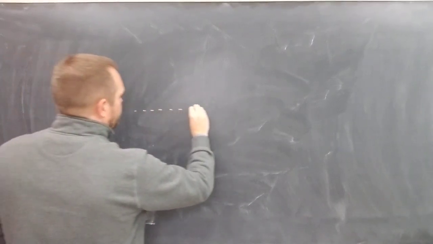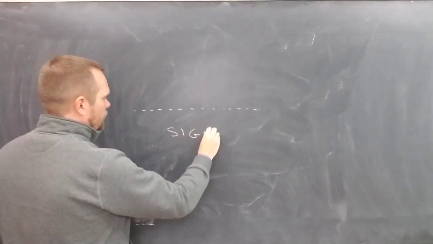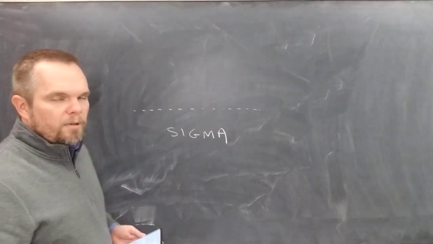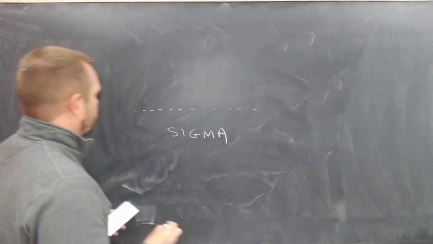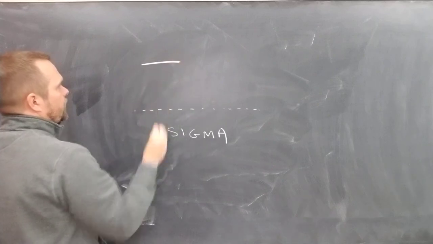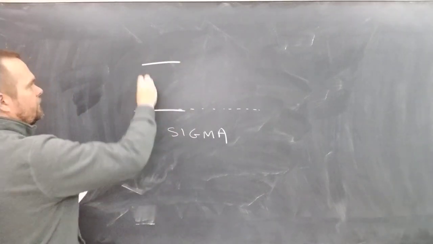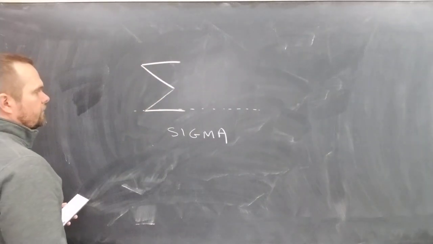The next letter is sigma. And sigma is unique because it has 3 different forms. The uppercase is pretty simple. Draw a horizontal line above and a horizontal line on the baseline, and then 2 diagonal lines to make the sigma.